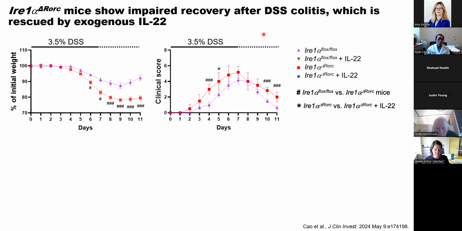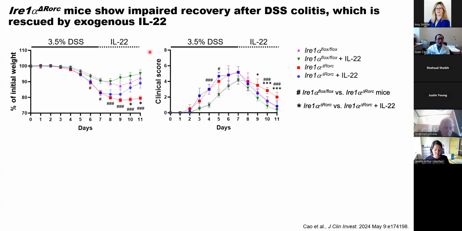And besides the acute phase of DSS colitis, I also looked at how the mice recover after we discontinue DSS. And here you can see the knockout mice had a more impaired recovery after discontinuation, as shown by those red squares, in both the weight loss and the clinical scores.